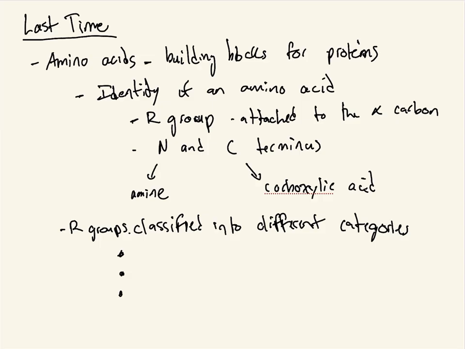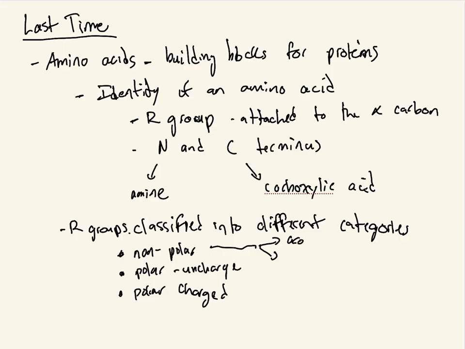I hear whispering, huh? There's nonpolar, right? So we have nonpolar R amino acids. So then we also have polar uncharged, and then we have what? Polar charged. And sometimes you'll see the nonpolar split into two different ones.